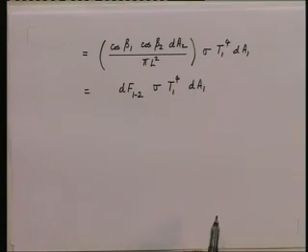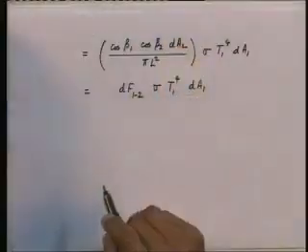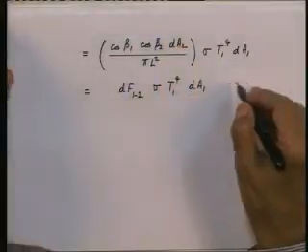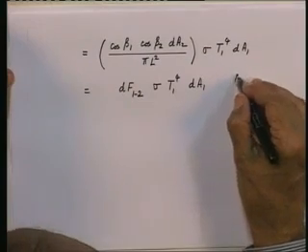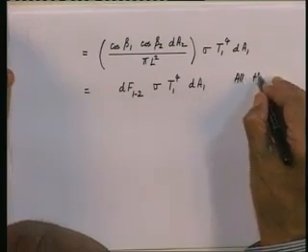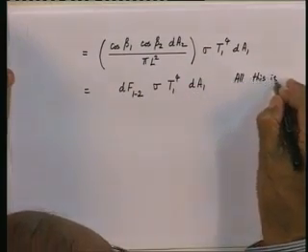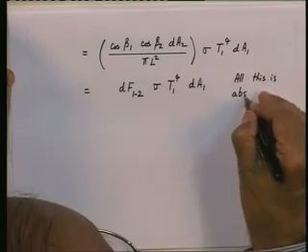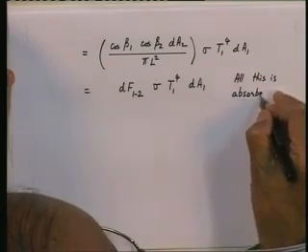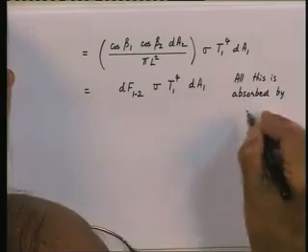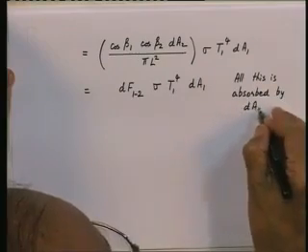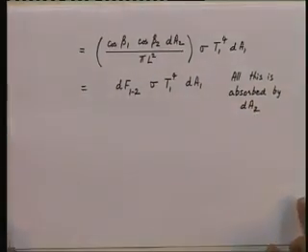Okay, that is the rate at which radiation emitted by dA1 flows towards dA2. And all this is absorbed by dA2. Why is that? Because dA2 is a black surface and absorbs.